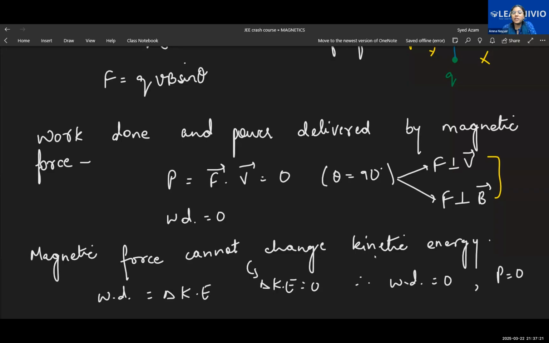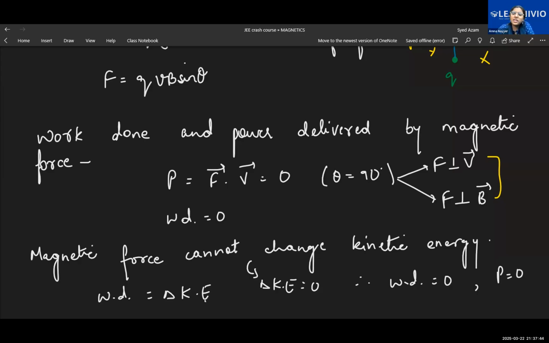Then magnetic force cannot change kinetic energy. Can you tell me which law is this? Work done is equal to change in kinetic energy. Yes, work energy theorem. This says that the work done is equal to the change in kinetic energy.